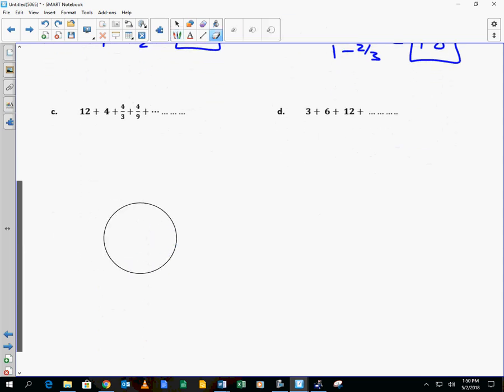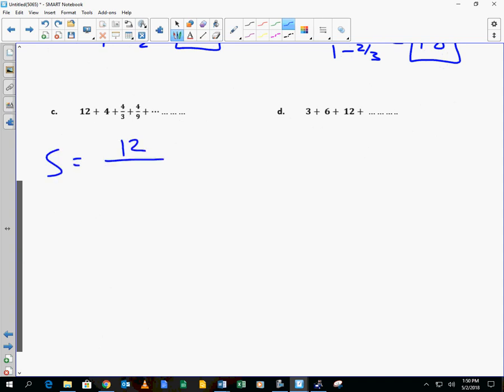How about this one? What's the first term? 1 minus r. What is r? r is 1/3. What's 1 minus a third? What's 12 divided by 2/3?